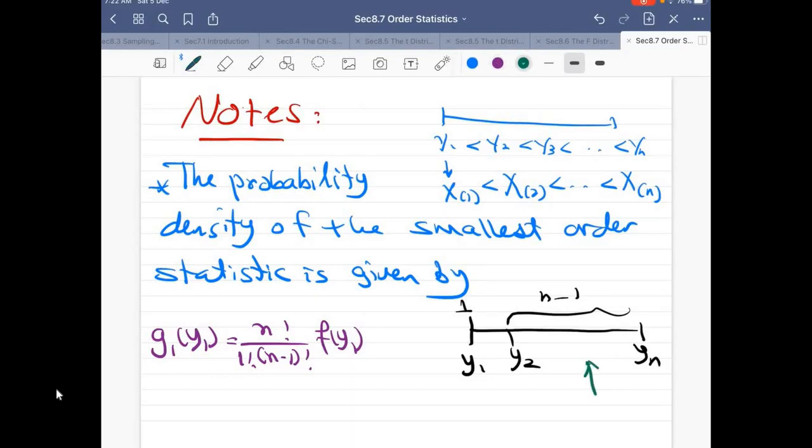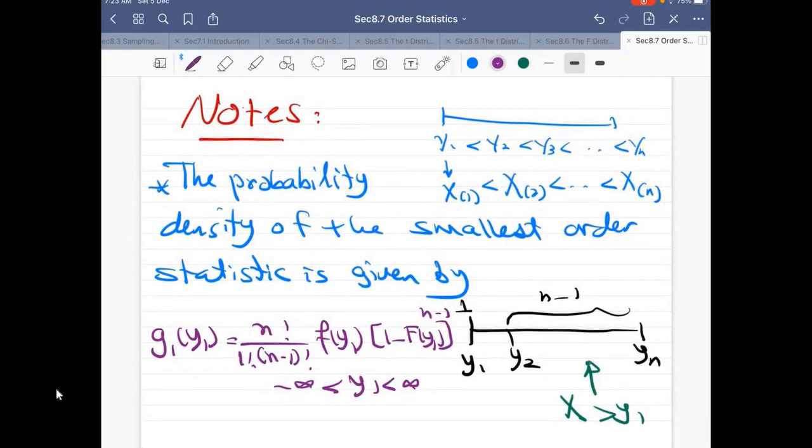For these variables you have x greater than y1, for all of them they are greater than y1, so it will be 1 minus CDF at y1. 1 minus F capital at y1 power n minus 1, for y1 any value, taking the same values from the population.